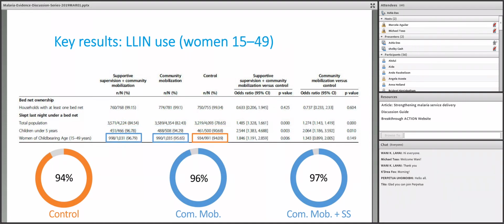When we look at the sample that included women of childbearing age group, control had 94, community mobilization had 96, and the combined intervention had 97. The difference between the combined intervention and control was statistically significant.